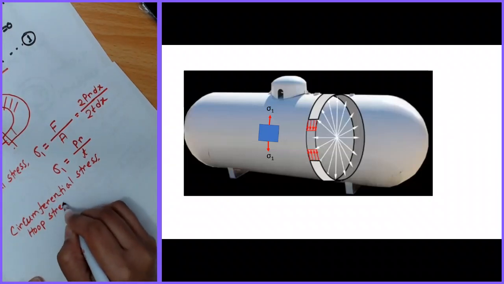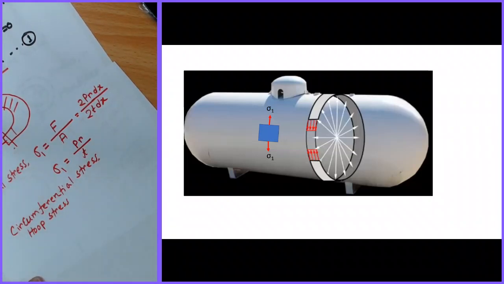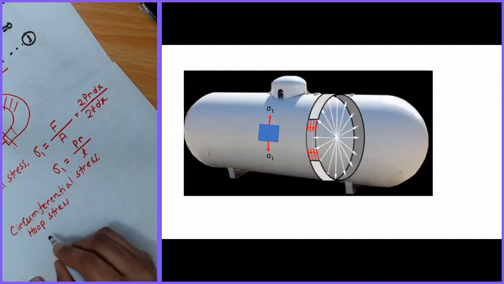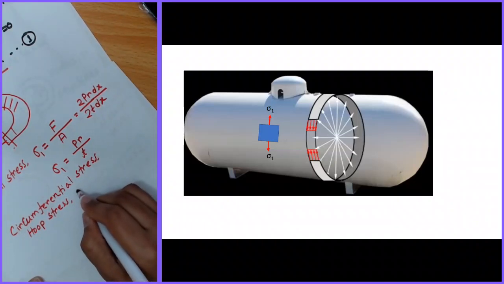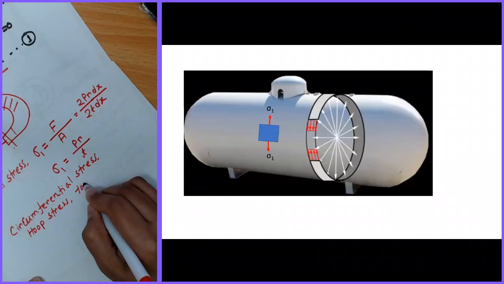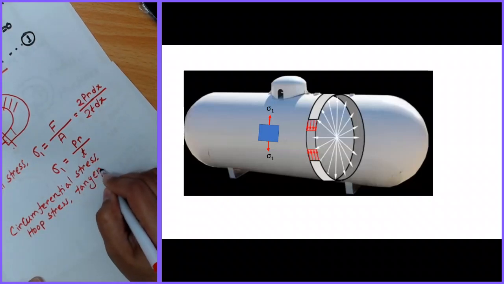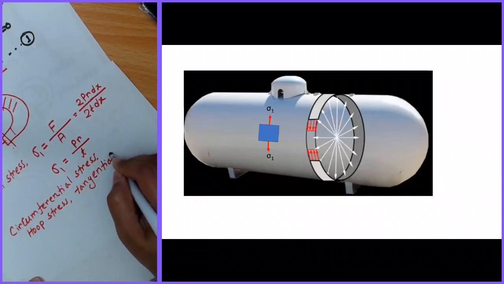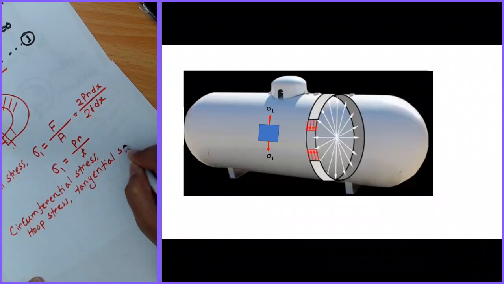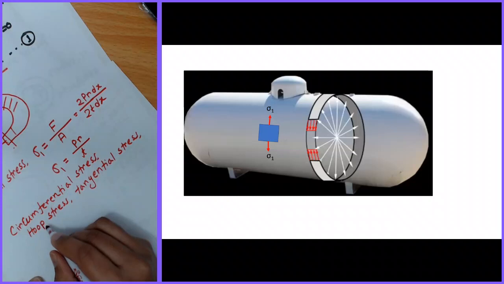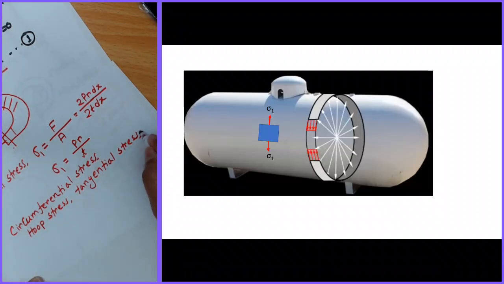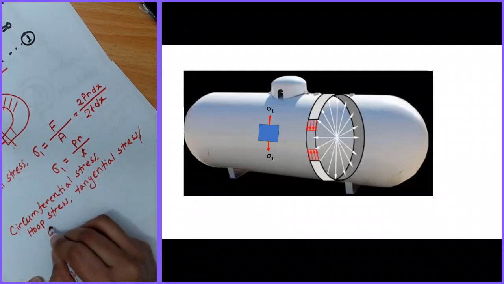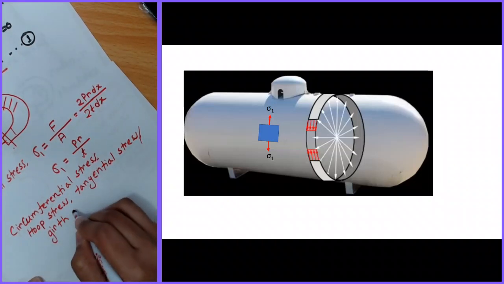From now on I am going to call it hoop stress, and it is also known as tangential stress, also known as girth stress.